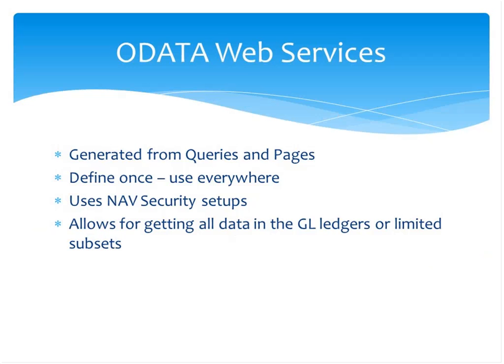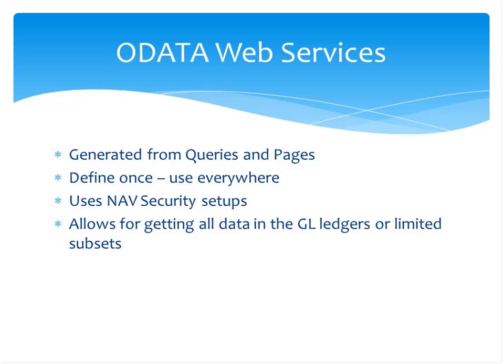It's a new technology, an open standard that Microsoft came up with and tried to make a generic standard, and a lot of other companies are getting behind it. OData web services can be automatically generated out of any version of Navision starting from 2013, so 2013, 2013 R2, and 2015 can generate these simply by using Navision.